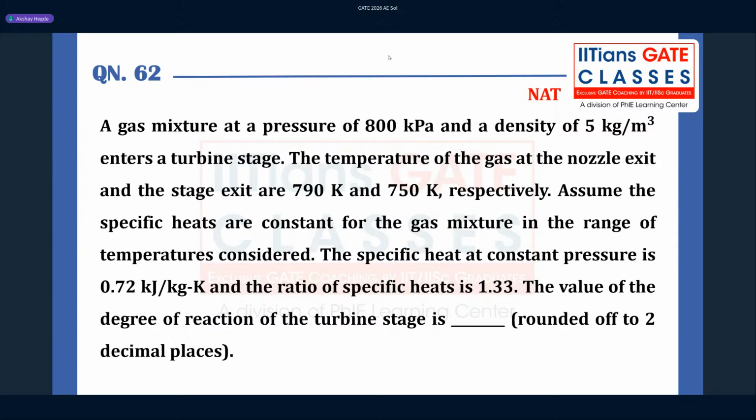Assume the specific heats are constant for the gas mixture in the range of temperatures considered. The specific heat at constant pressure is 0.72 kilojoules per kg Kelvin, and the ratio of specific heats is 1.33. Find the value of the degree of reaction of the turbine stage, rounded off to 2 decimal places.